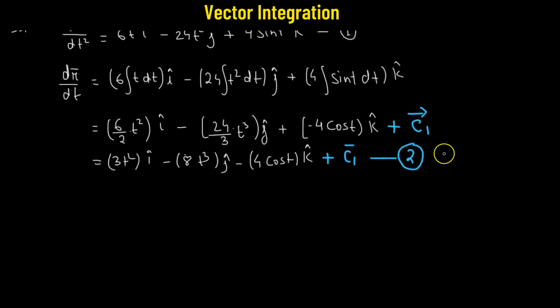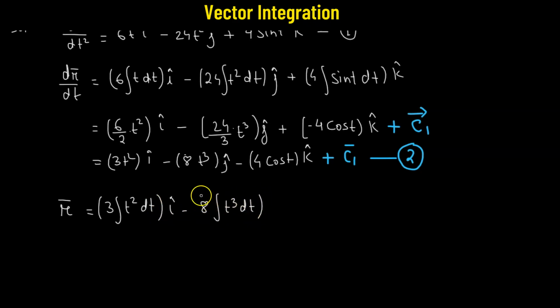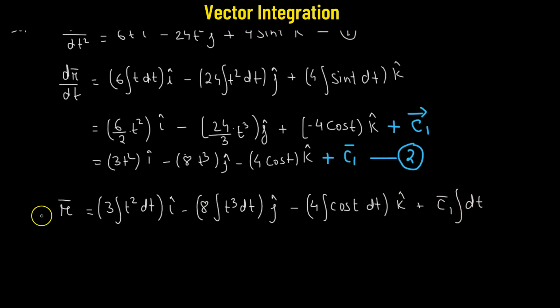Now we will integrate both sides of equation number 2. That's going to give us vector r equals 3 times the integration of t squared dt, with respect to t, times i cap, minus 8 times the integration of t cubed dt multiplied to j cap, minus 4 times the integration of cosine of t dt multiplied to k cap, plus c1 vector multiplied to the integration of dt. Let's simplify this.